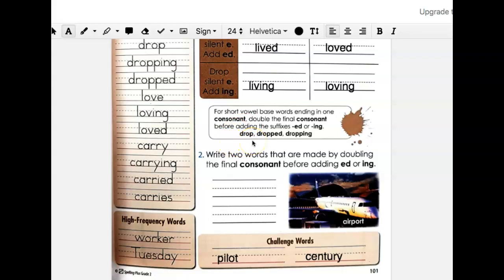If we want to add the endings ed or ing to the word drop, we have to double the ending consonant P and then add ed and ing. So the two words made by doubling the final consonant before adding ed or ing are dropped and dropping.